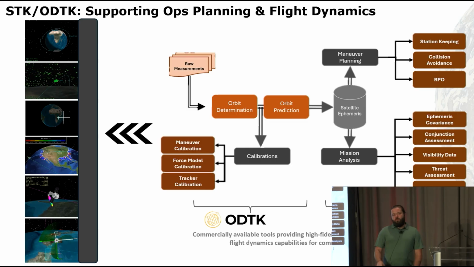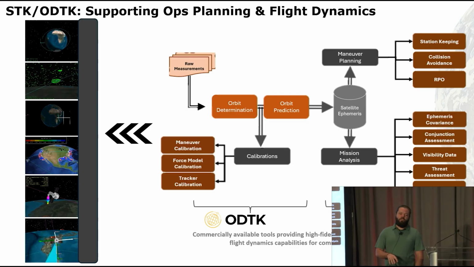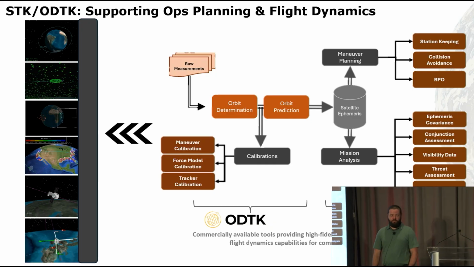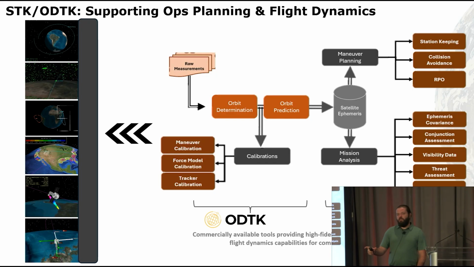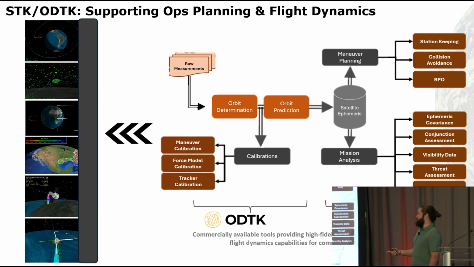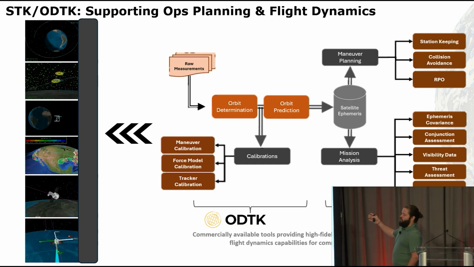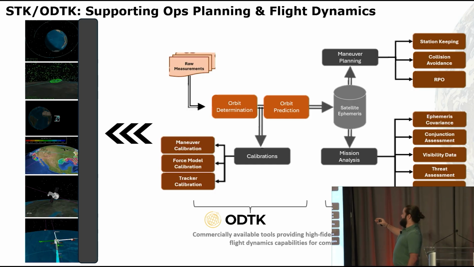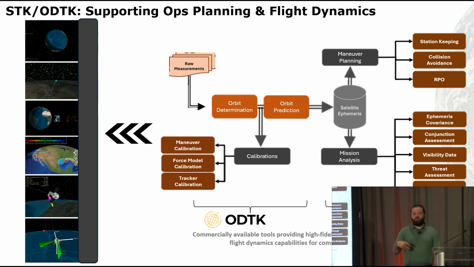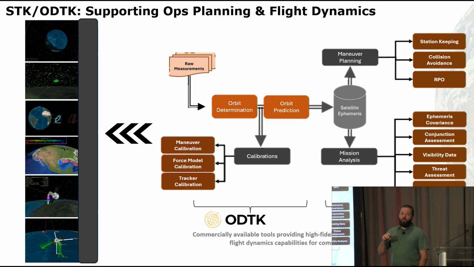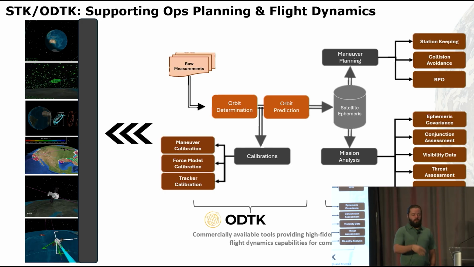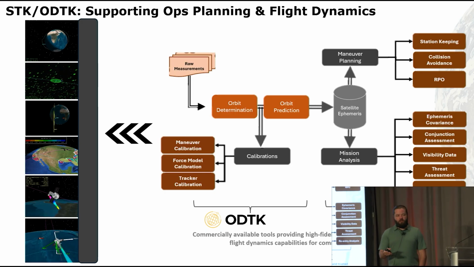So the two tools that we're heavily working with here are from Ansys, or Ansys Government Initiatives specifically, and these are used to do your planning and then your space operations. If you're planning maneuvers, you're going to be using SDK. Off of that, you're going to produce a bunch of ephemeris, telemetry data, or what you hope is your telemetry data. Then you're going to go into ODTK and actually start operating your satellite.